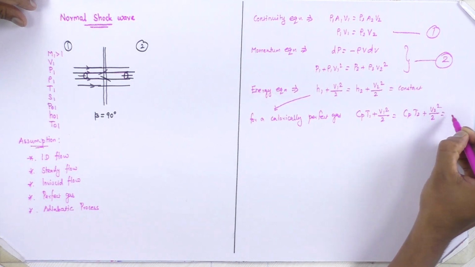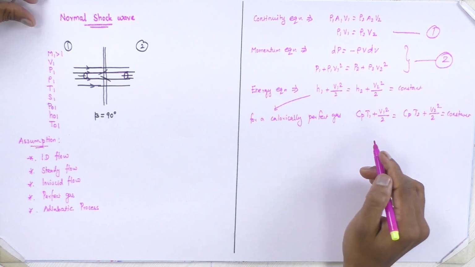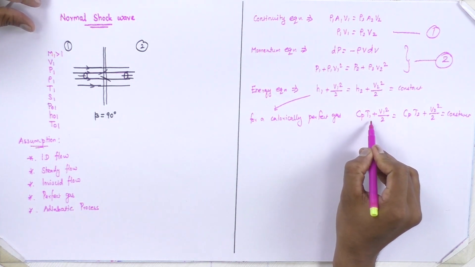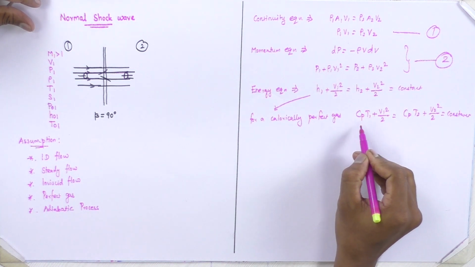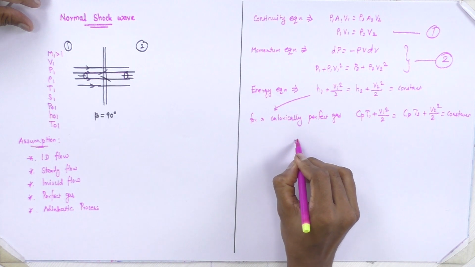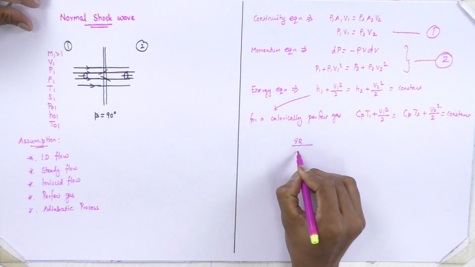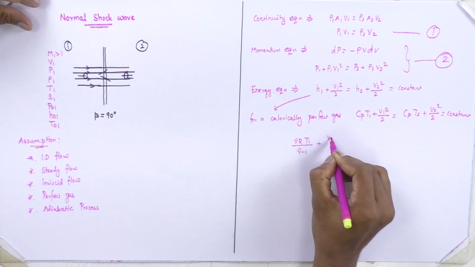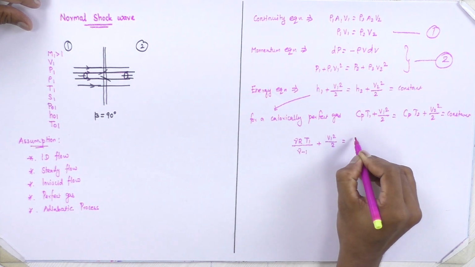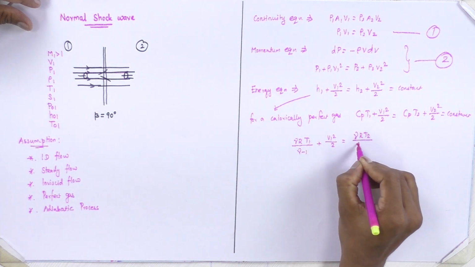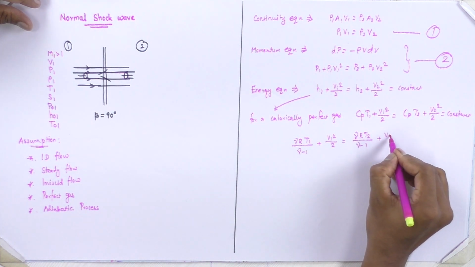This is equal to constant. Here we can replace this Cp in terms of the specific gas constant R. So we already have the relation: Cp is equal to gamma R divided by gamma minus 1. So gamma R T1 divided by gamma minus 1 plus V1 square divided by 2 is equal to, similarly, gamma R T2 divided by gamma minus 1 plus V2 square divided by 2.